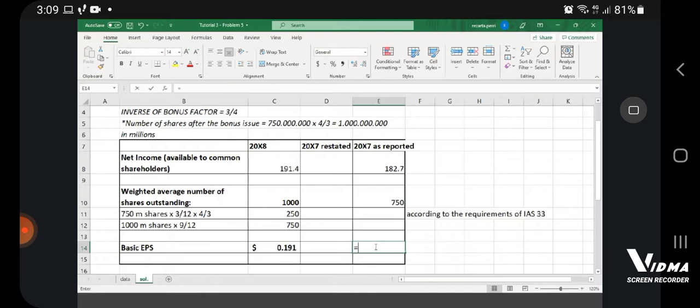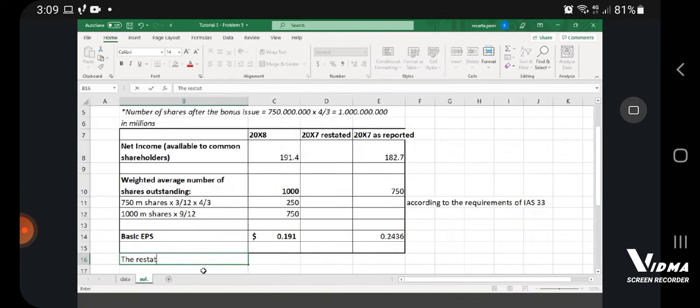That means that the basic earnings per share one year ago would be the ratio between net income back in that year to the weighted average number of shares, which is 0.24, or 24.36 cents. If I come to the restated 2017, if you remember, the restated amount of basic earnings per share is simply the previously reported basic earnings per share multiplied by the inverse of the bonus fraction or bonus factor.